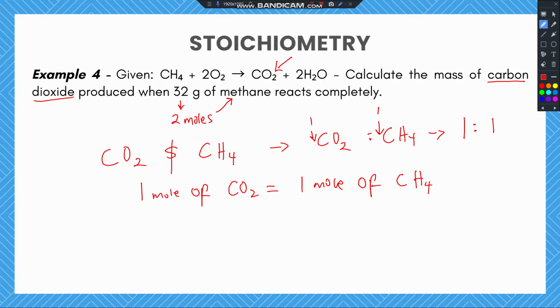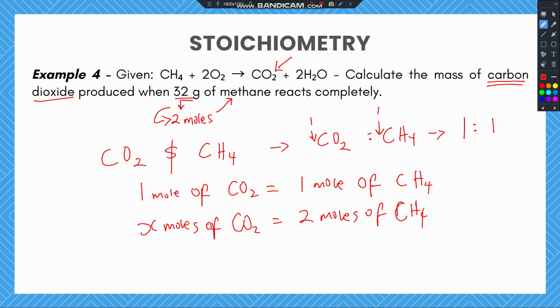So now that we've written that out, it's time to apply that mole ratio to get the number of moles of carbon dioxide. So we write X moles of CO2 or carbon dioxide will now be produced by, instead of writing 32 grams, I've converted it into number of moles. So we have, will be produced by 2 moles of CH4, methane.